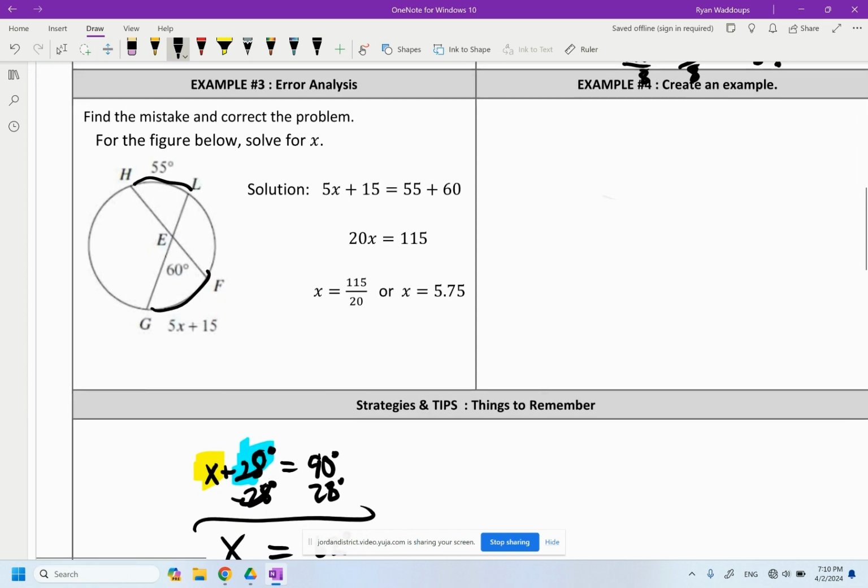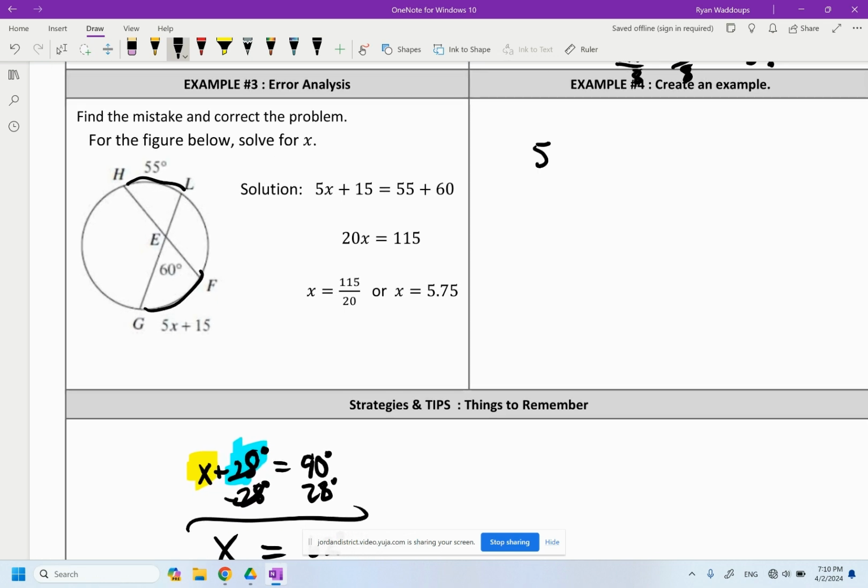So if I took 55 degrees and added it to 5x plus 15 degrees and then divided that by 2, I would get 60 degrees. What they have done incorrectly is that they've just added these two numbers, 55 and 60, and it doesn't work like that.